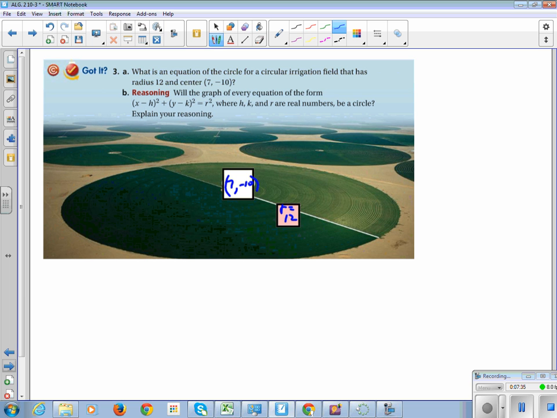For A, we want to write the generic equation, which is x minus h squared plus y minus k squared equals radius squared.